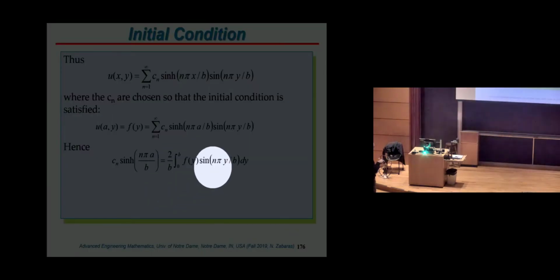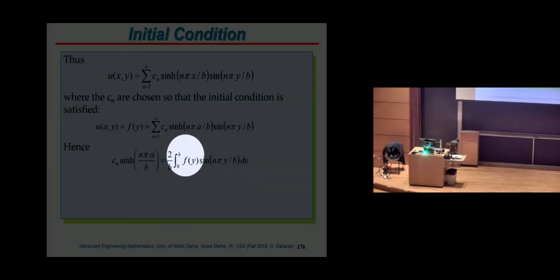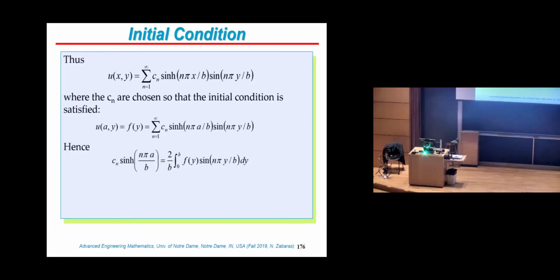Well, this is a sine expansion, so why is there a 2 here? I mean, you can see the integration is not from minus b to b, it is from 0 to b. So what does that imply? We have taken an extension of this function.